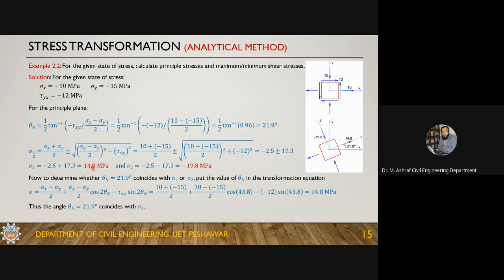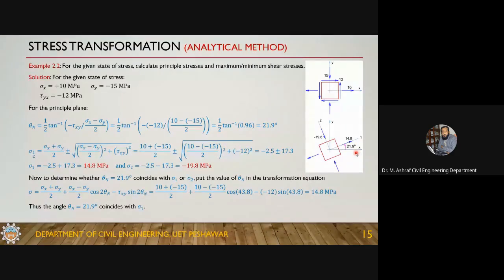With the maximum stress of sigma 1. This is maximum and this is minimum. So this is 14.8. If you are showing this as minus 19.8, you are wrong. You will have to check whether it coincides with sigma 1 or sigma 2. So we confirm that it coincides with sigma 1. So this is 14.8. So this is the principal state of stress.